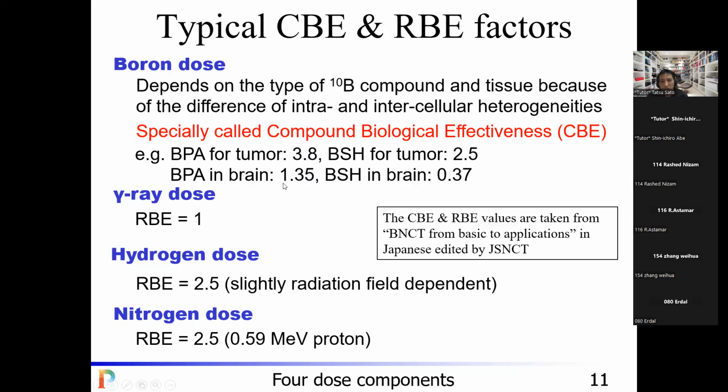But we usually use these numbers to weight the boron dose. And also, the RBE factors for the gamma ray dose and the hydrogen dose are 1 and 2.5, and the nitrogen dose is 2.5.